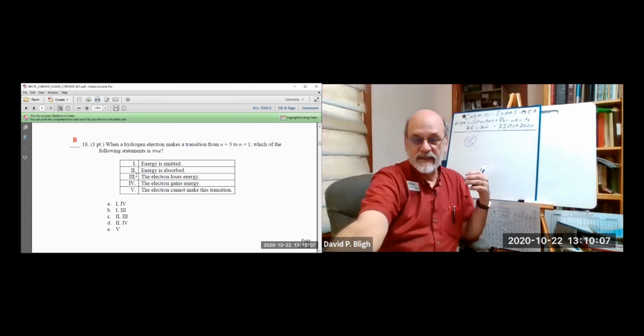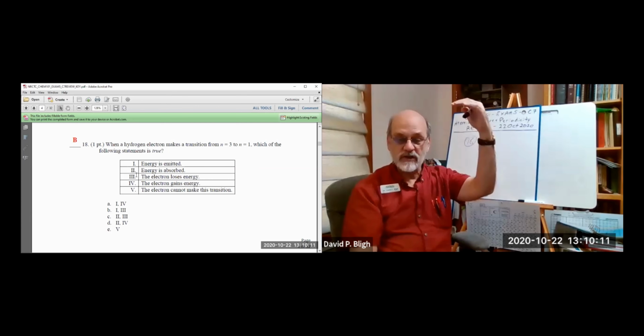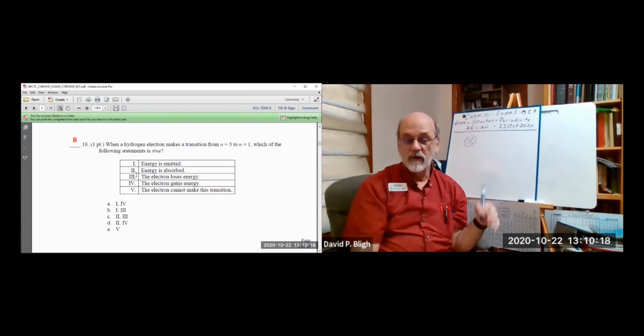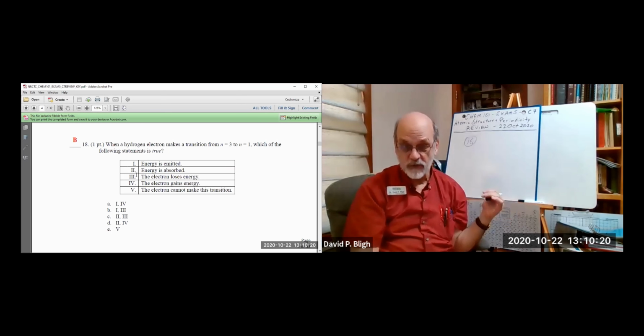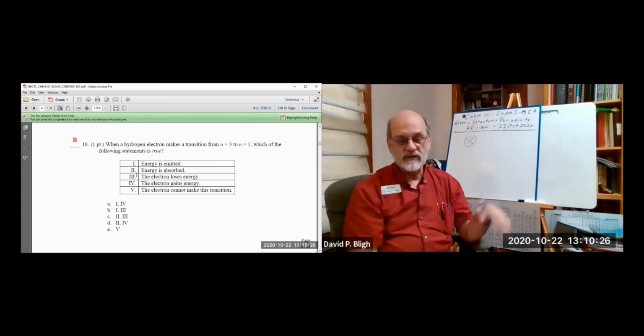How about 3? The electron loses energy. That's also true. It goes from a higher energy level to a lower energy level. So Roman numeral 1 and Roman numeral 3 are true. Roman numeral 4 can't be true because 3 is. How about 5? The electron cannot make this transition. That's ludicrous.